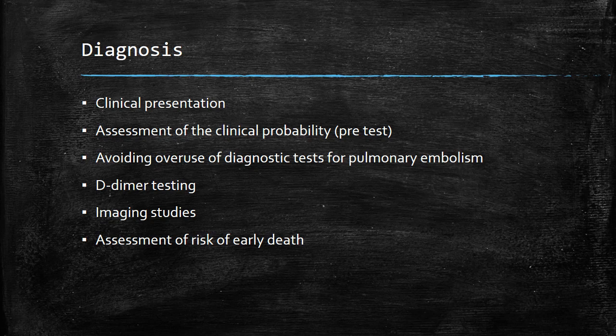So we have multiple components of the diagnosis, the first of all being of course the clinical presentation, on which you make a suspicion of pulmonary embolism, and then you assess some clinical probability pre-test criteria. And you have to avoid overuse of the diagnostic tests for pulmonary embolism, D-dimer testing, and imaging studies, as well as assessment of the risk of early death. And then you are going to make a particular diagnosis, and then you have to manage the patient accordingly.